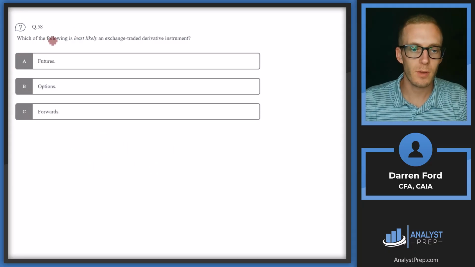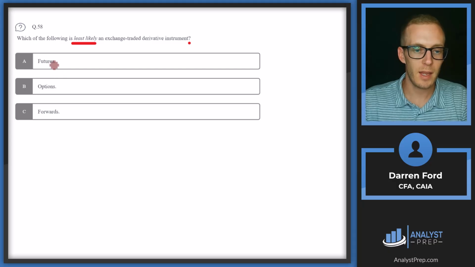Question 58. Which of the following is least likely an exchange-traded derivative instrument? Least likely, so 2 of these are going to be exchange-traded and 1 will not. We've got A, futures, B, options, or C, forwards. Futures and options, we'll rule those out, since those are exchange-traded.